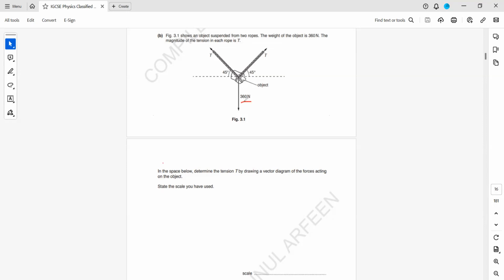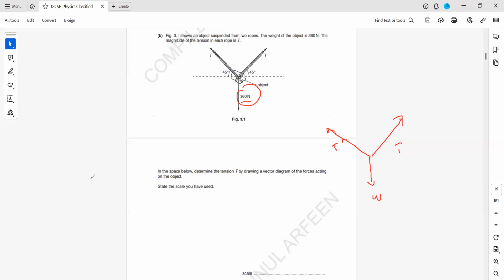In the question, the resultant is given. Look, this tension T makes an angle of 45, another tension T makes an angle of 45, and the weight is acting downward. The resultant of these two tensions is equal to the weight.